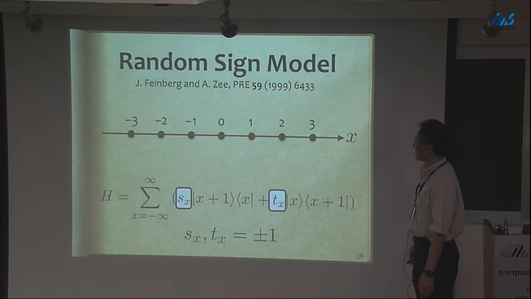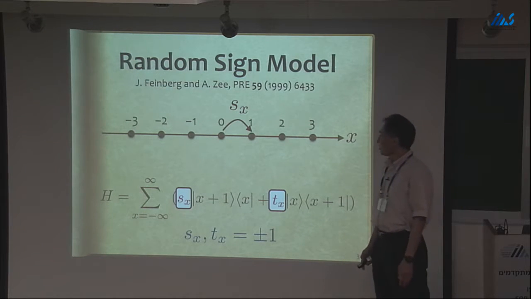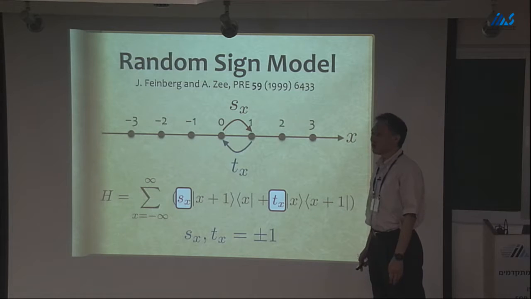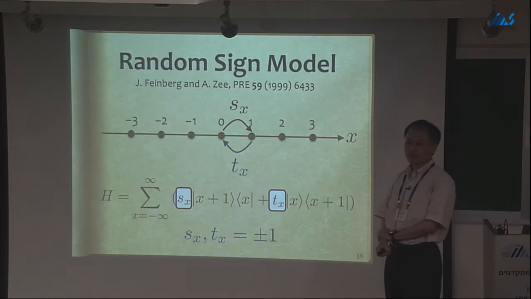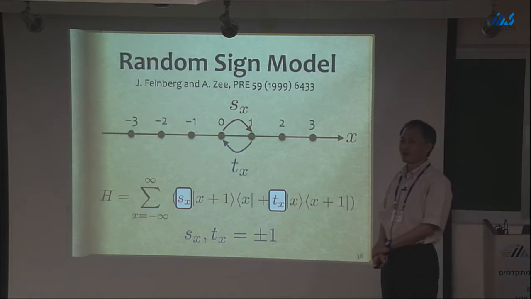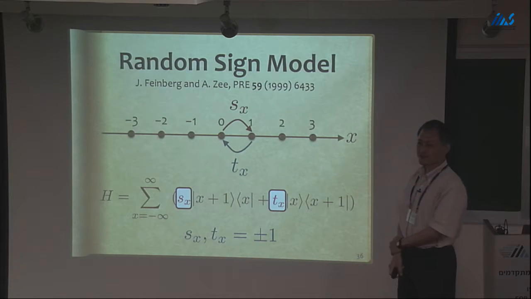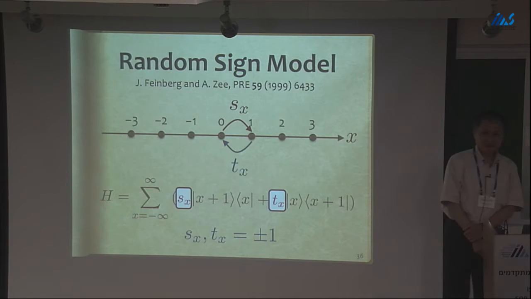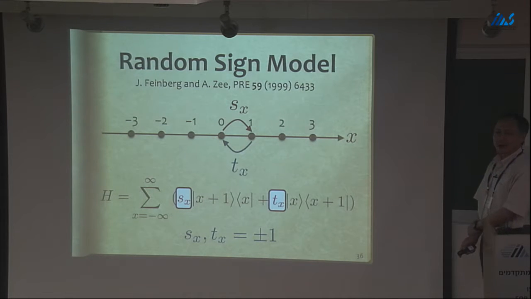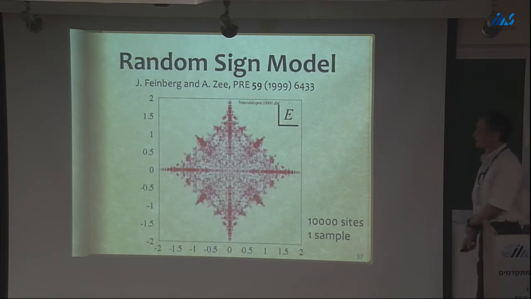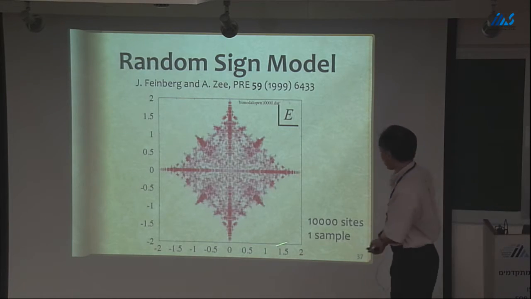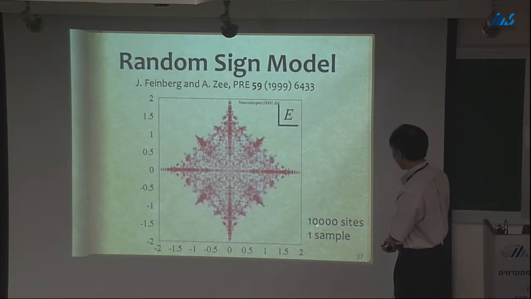You can see. Okay? Now, how does the spectrum look? Of course, but how can anybody guess? I'm sure nobody can guess, because it looks like this. This is 10,000 sites.